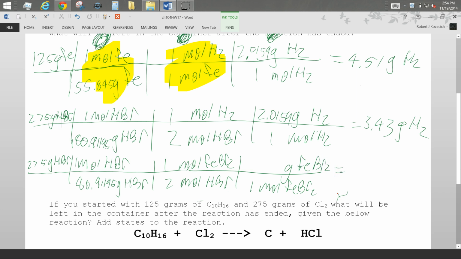We got a molar mass for the iron 2 bromide. 215.653. Okay. Excellent. And so then this will give me grams of iron 2 bromide. And how much do I make? 366 grams. Okay, good.